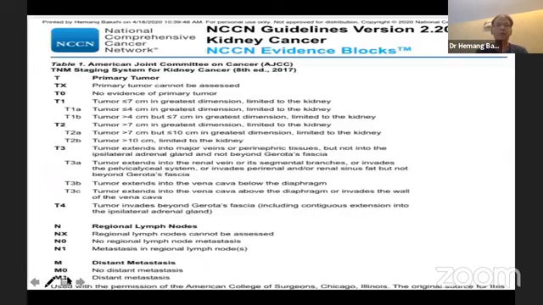Now, just to have a look at the classification, we all know there are different levels of venous thrombi. The NCCN and the AJCC 2017 8th edition mention that T3 disease, a T3A thrombus, will extend into the renal vein or its branches. A T3B is any involvement below the diaphragm, and T3C is above the diaphragm.